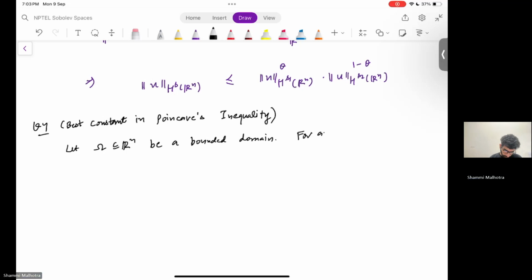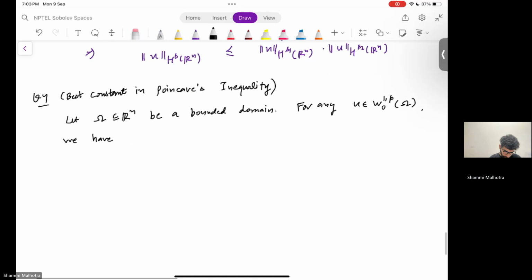Then for any u in W^(1,p)(omega), we have the integral over omega of |u|^p is less than or equal to some constant times the integral over omega of |gradient of u|^p.